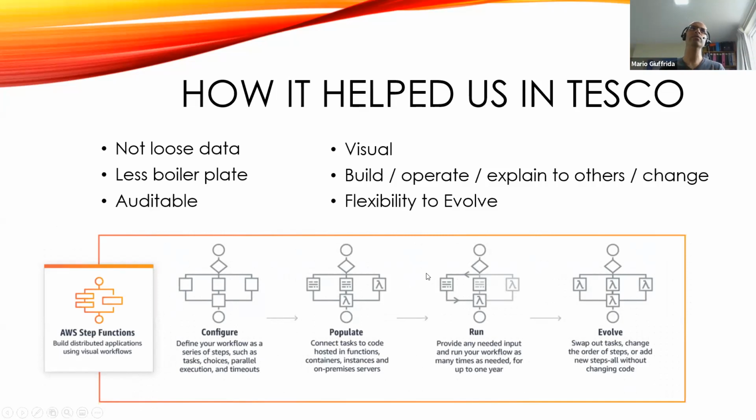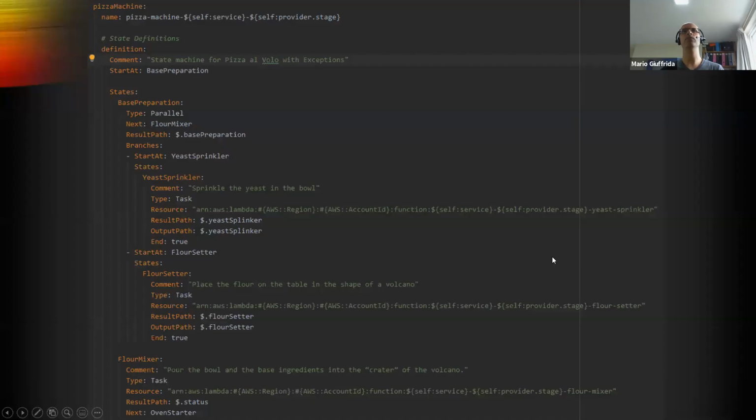Now, let's go a little bit more into the detail. I want to show you what it means practically to configure the Step Function. Let me make a premise first. To configure the Step Function, we use the serverless framework, which is a free and open source web framework written in Node.js.